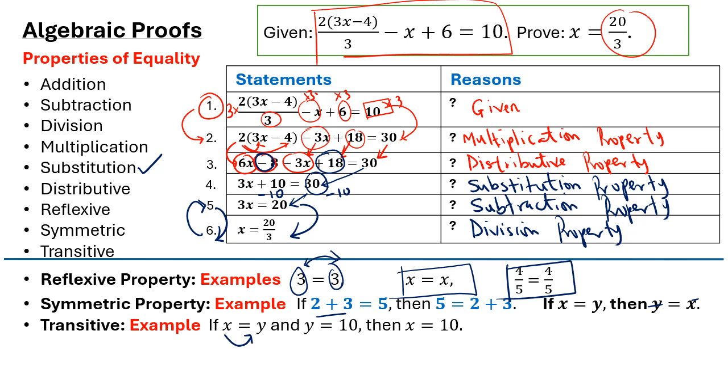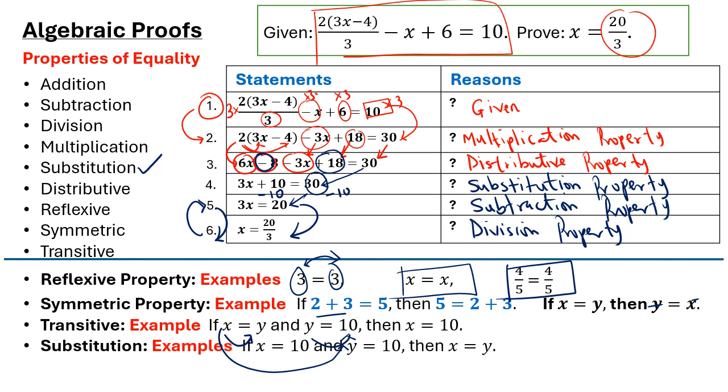If x is equal to y and y equals 10, what do you think x will be equal to? So x will be equal to 10. This is what you call the transitive property. If x equals y and y equals 10, it therefore means that x must be equal to 10. So this is an example of the transitive property of equality.